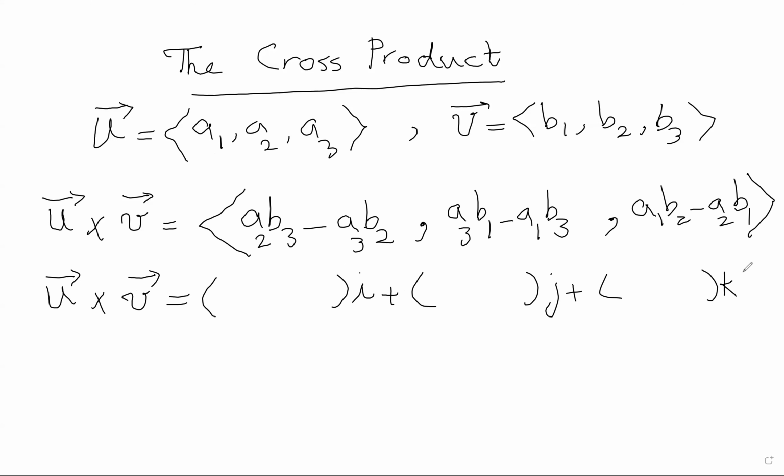And the first, second, and third coordinates are, as you see here, a2b3 minus a3b2 is the first coordinate, a3b1 minus a1b3 is the second coordinate, and a1b2 minus a2b1 is the third coordinate.